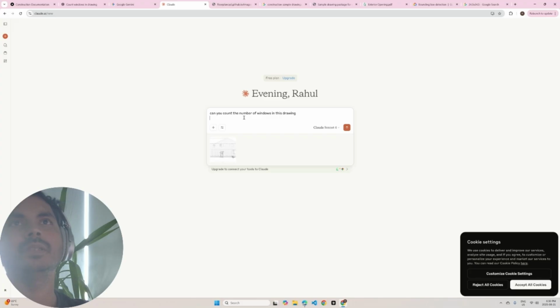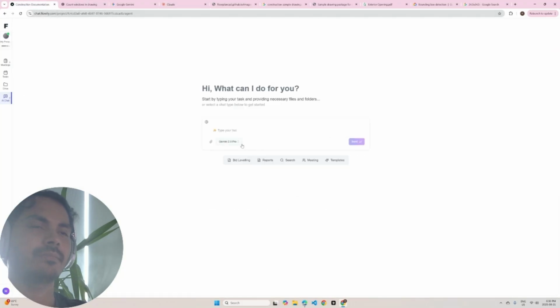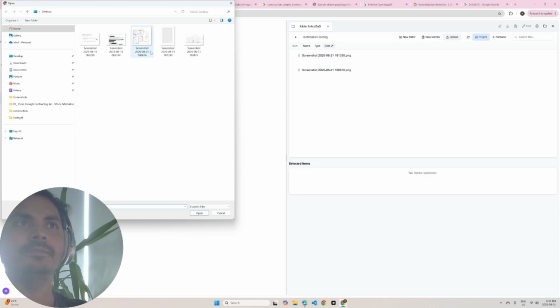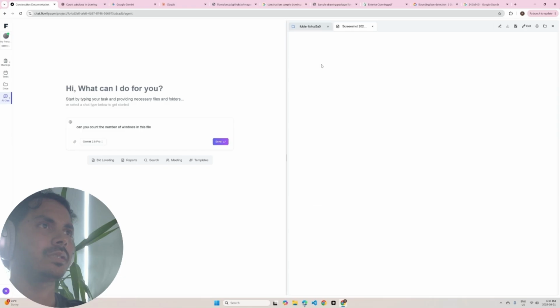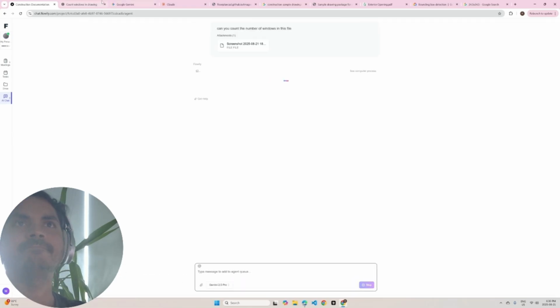That's it. And then let's also do a new chat: upload the file in the estimation testing folder. And then, can you count the number of windows in this file? So I think this is the one. Yeah, off you go.